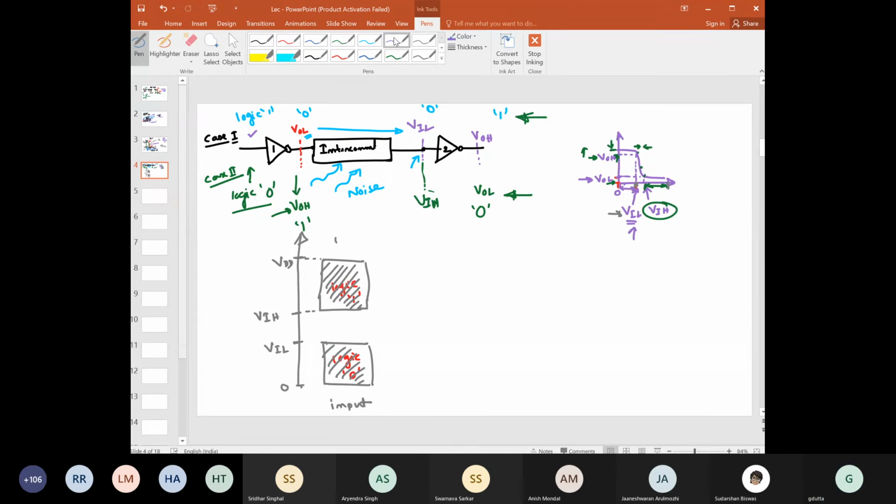Now see, we are trying to plot the output here. For output, the maximum value can be VDD. The minimum output that can be considered as logic 1 is VOH.